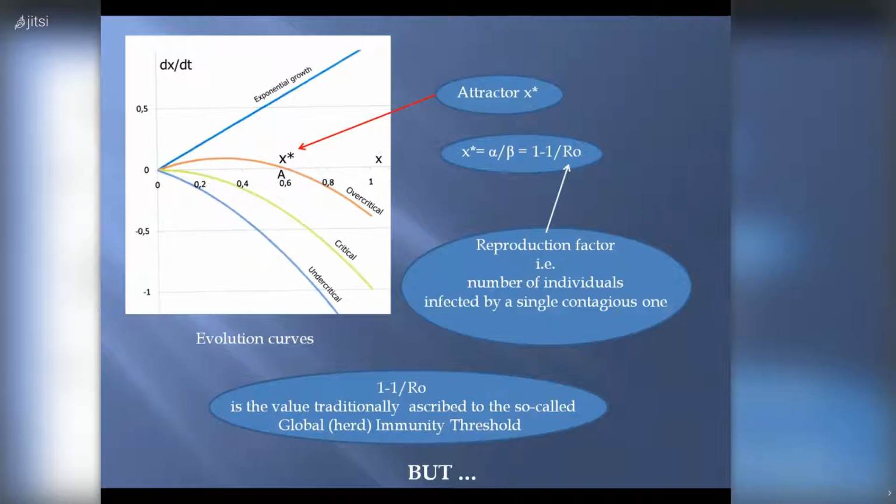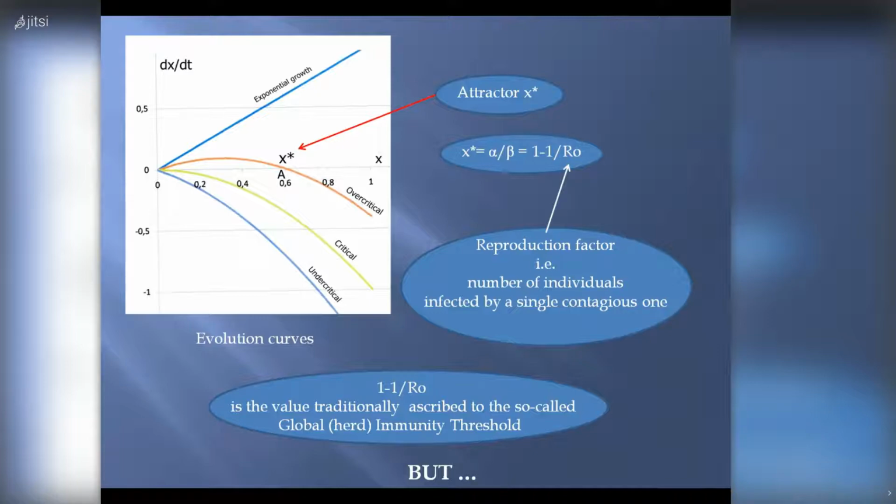Then it decreases, but it's still positive, and you end up, at this point here, again, my arrow escaped somewhere, you end up in A. A is called an attractor because the dX over dt is 0 at A, so the system doesn't like to travel further.